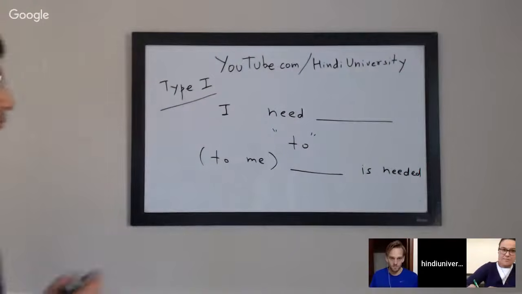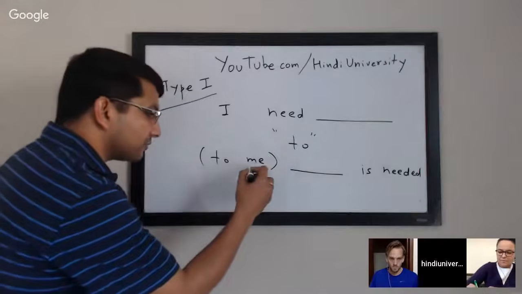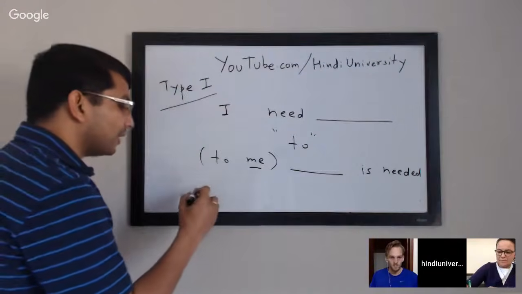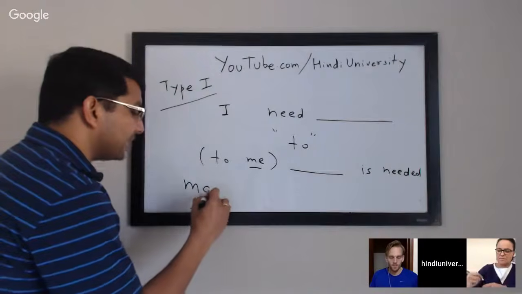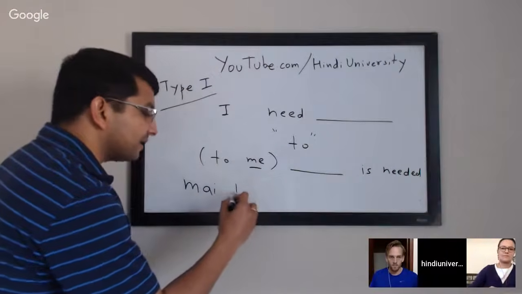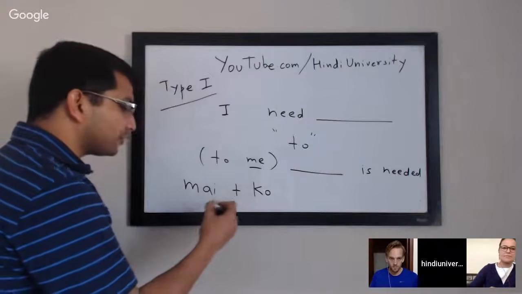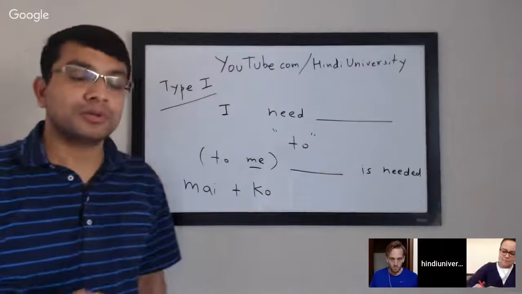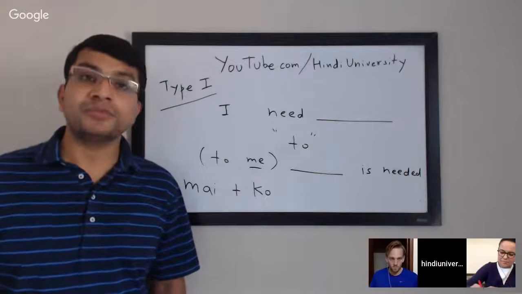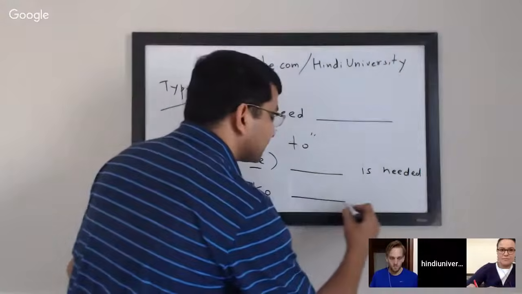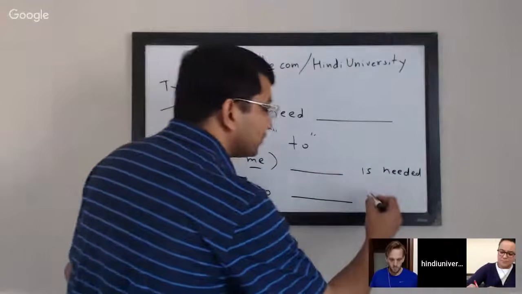Now, because it's me, it will be मैं plus ko. So मैं is I and "to" is nothing but ko. So when you have this postposition along with the personal pronoun मैं, it becomes मुझे or मुझको. And then you will say something that you want, and then you will say चाहिए.